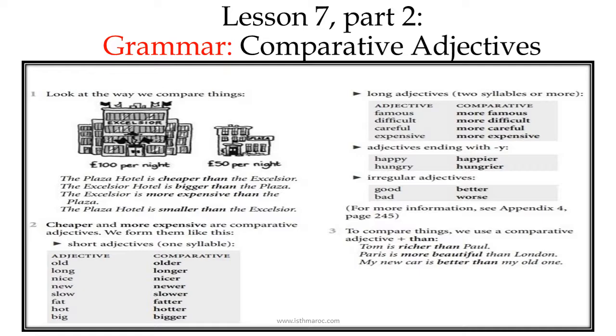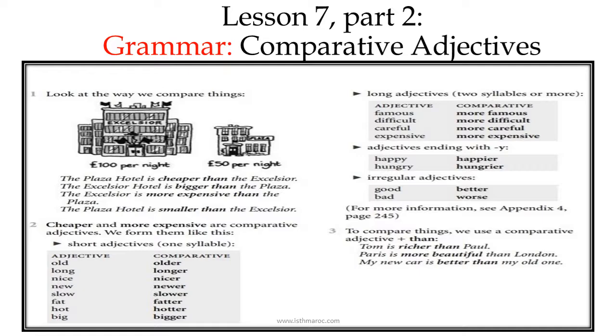For short adjectives, the rule is adjective plus er plus than. But for long adjectives, the form is more plus adjective plus than. We don't add er to the adjective.